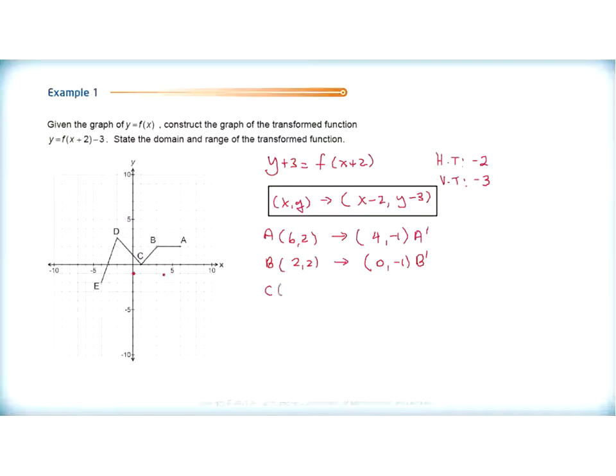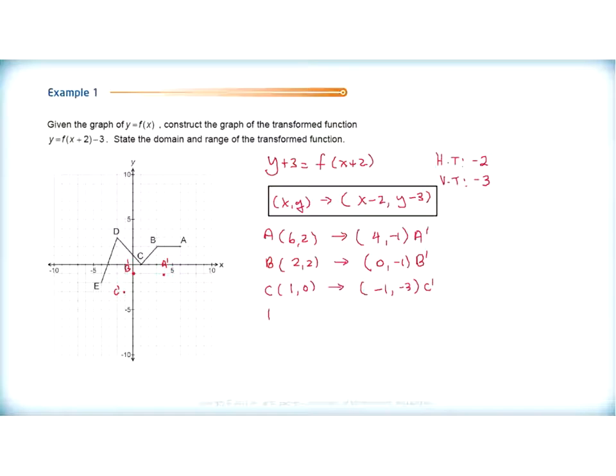Let's take the point C, which has coordinates x is 1, y is 0. Plug that into our mapping rule. We'll get -1 and -3 for C prime. X is -1, y is -3. There's C prime. So maybe I should state these as A prime, B prime, C prime.